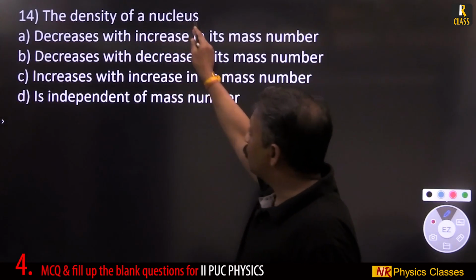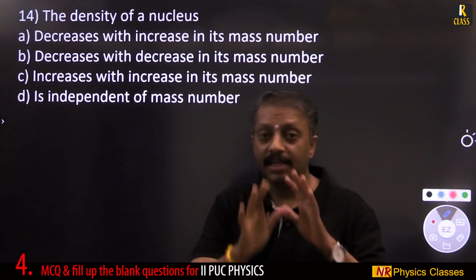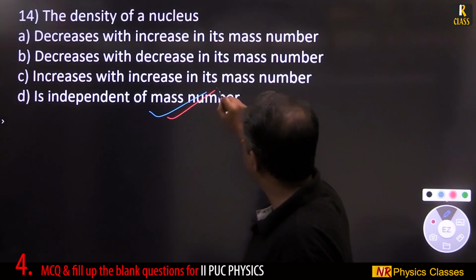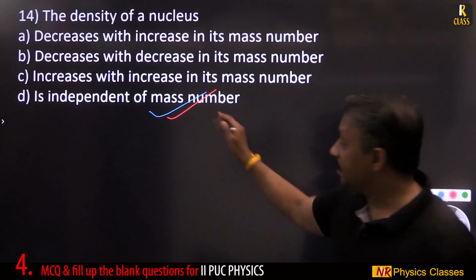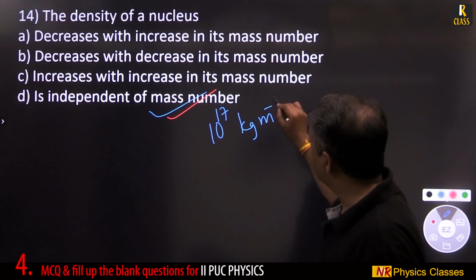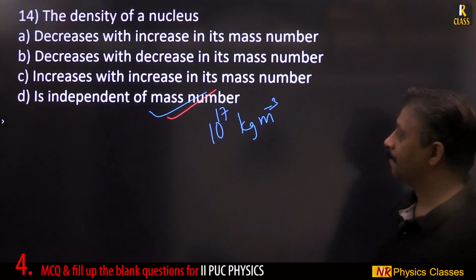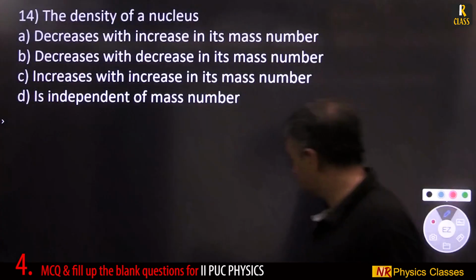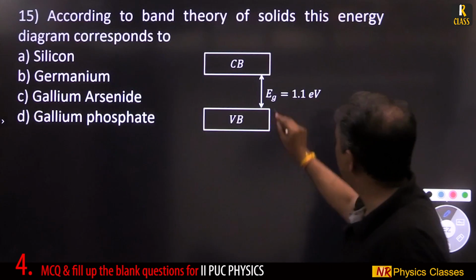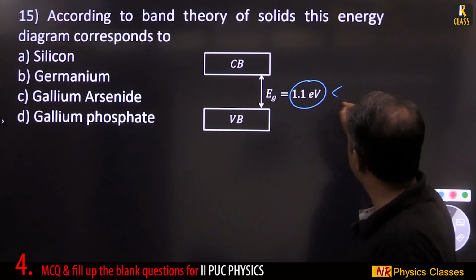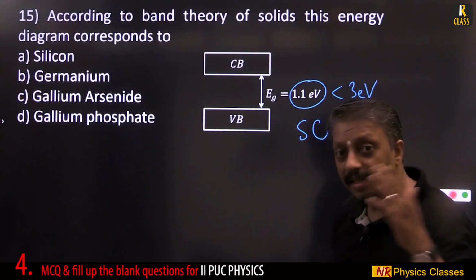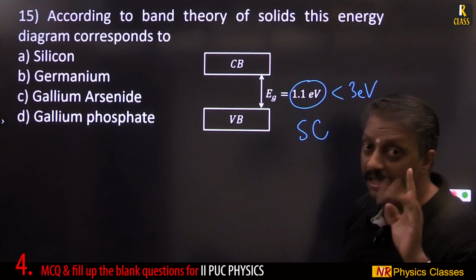The density of a nucleus is independent of mass number, and the density is of the order of 10 to the power of 17 kg per meter cube. According to band theory of solids, in this energy diagram, if the energy gap is less than 3 eV, it's a semiconductor. If it is greater than 3 eV, insulator.